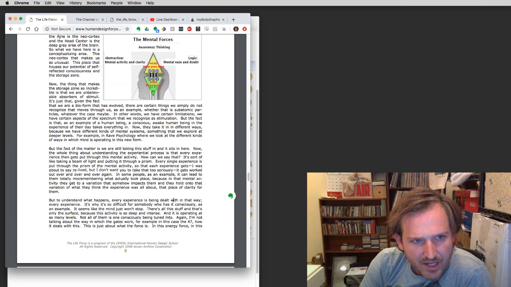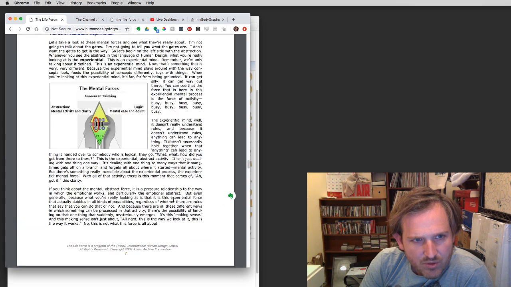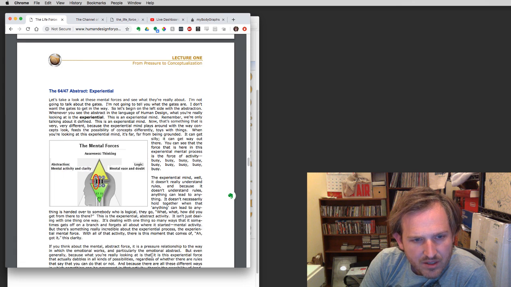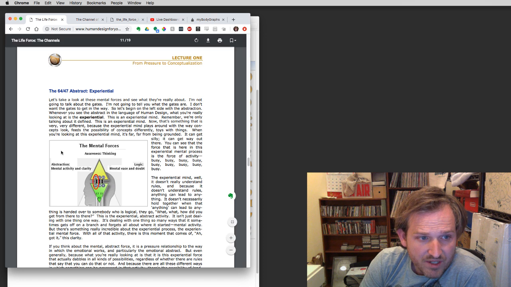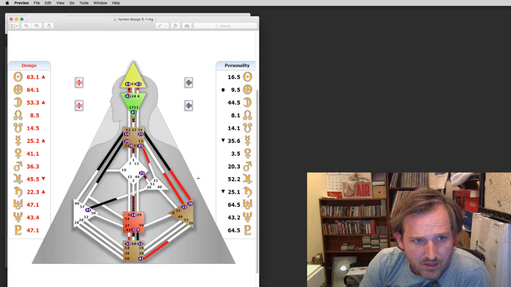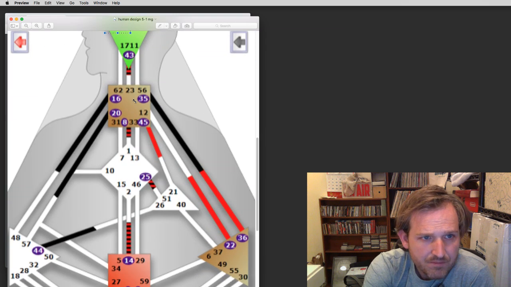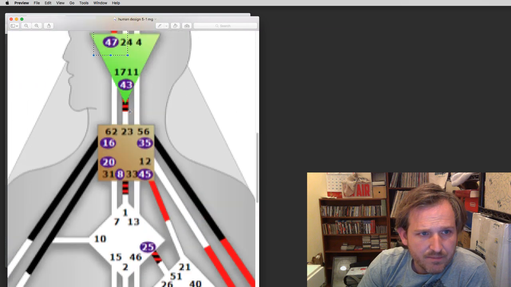So it's all about moving from, it's a design of mental activity is what they call it, but it's moving from mental activity to clarity. It's not logical. It's not about logic at all. It's about mental activity. So basically what this means is that when you have this 6447 here, let me zoom in a little bit.